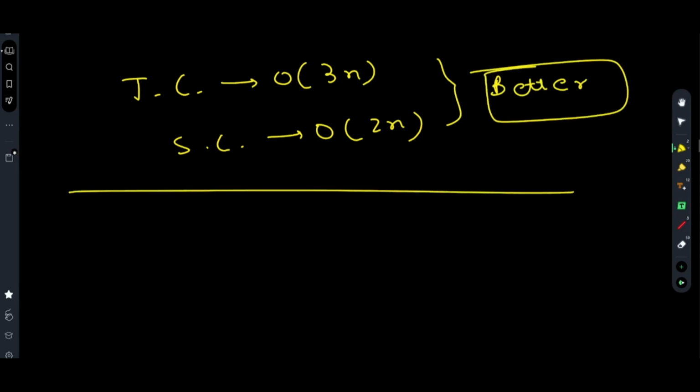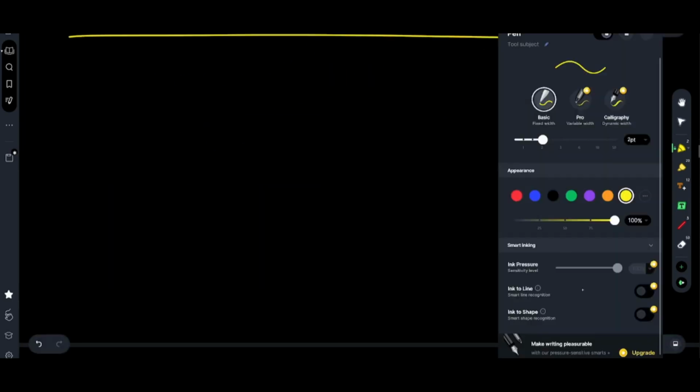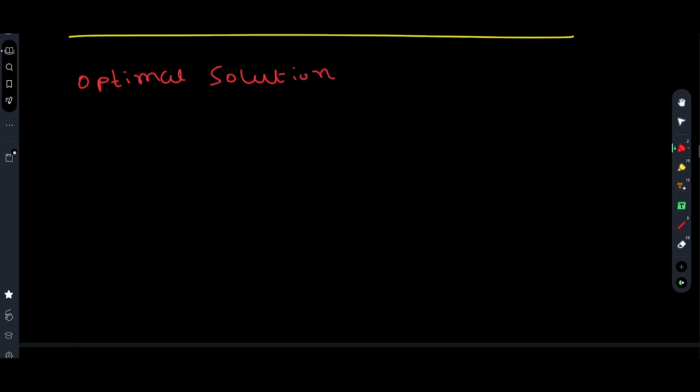Now we will do the optimal solution. The optimal solution is based on these understandings. So what is the target? You have to increase the amount of water that is stored. So you have two conditions.